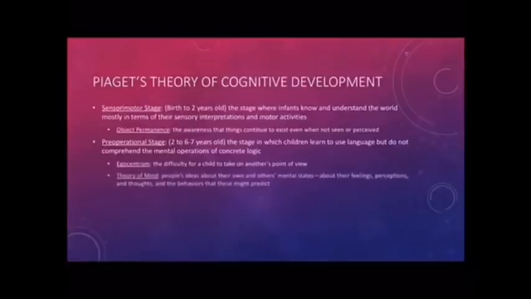And so by the end of pre-operational stage, they should go from egocentrism to reaching theory of mind. And theory of mind is gaining that awareness about other people's ideas, mental states, feelings, thoughts, those sorts of things. So at the start of pre-operational stage, you are egocentric. By the end, you should have some idea of theory of mind.